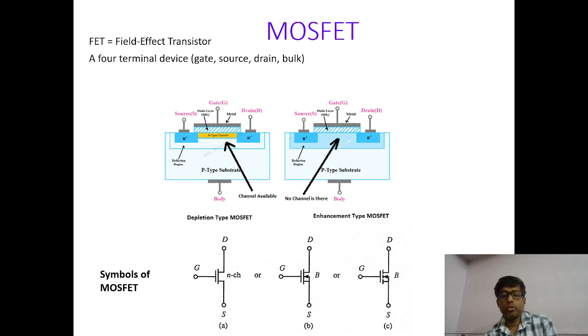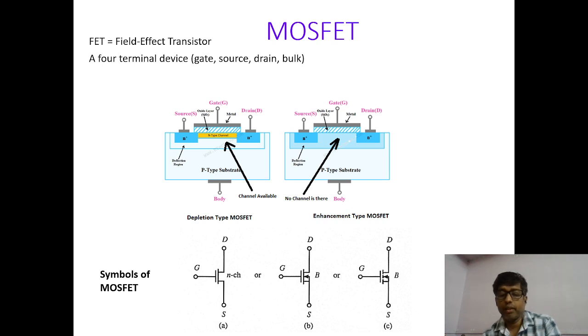Okay. So the depletion MOSFET shown in the figure: when a positive voltage is applied to the drain with respect to the source, a drain current flows from the zero gate to source voltage. That is, VGS will be zero here.